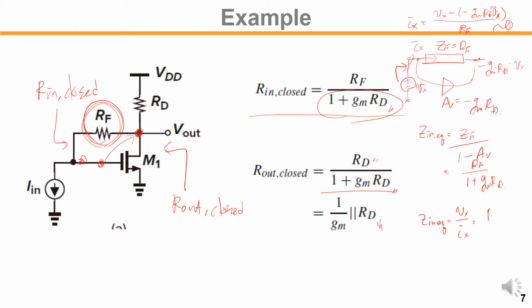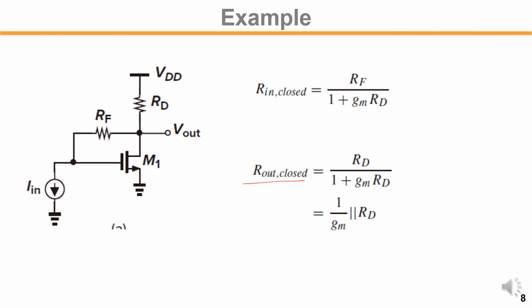That is RF over 1 plus GM RD, right? You can do a similar derivation on the output closed loop impedance by applying a test voltage and finding the relationship between the test voltage and test current.